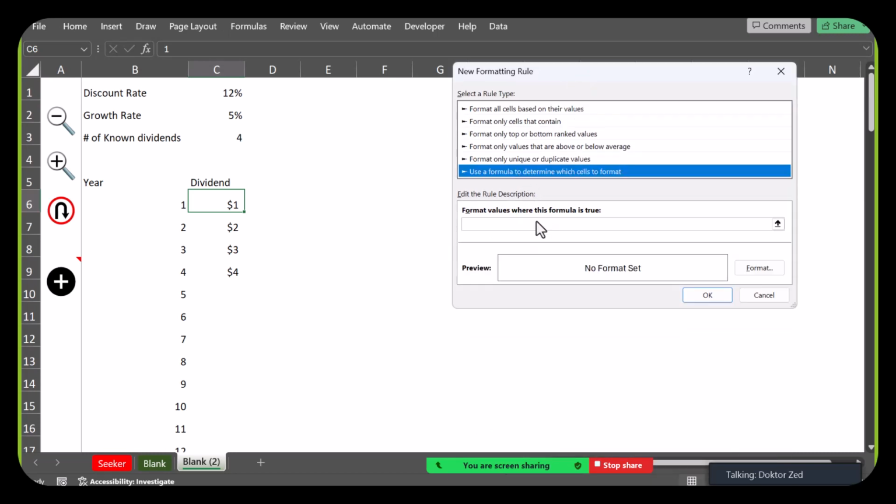And use a formula to determine which cells to format, all right? And I'm going to write the formula like this. Year is less than that plus 1. And I'm going to make this relative.